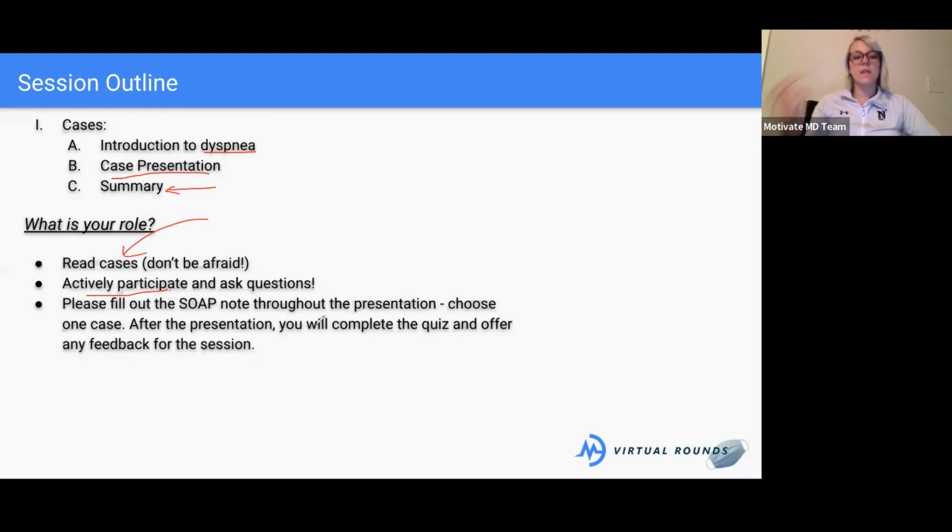Then throughout the presentation, what I want you to do is fill out that SOAP note, the link that I put into the chat. We'll talk in a couple of slides about what the actual SOAP note is. After you're done, you'll complete a quiz that I also created. I pride myself on making easy questions for you guys, because you aren't getting college credit for this, so I'm not giving you hard questions.